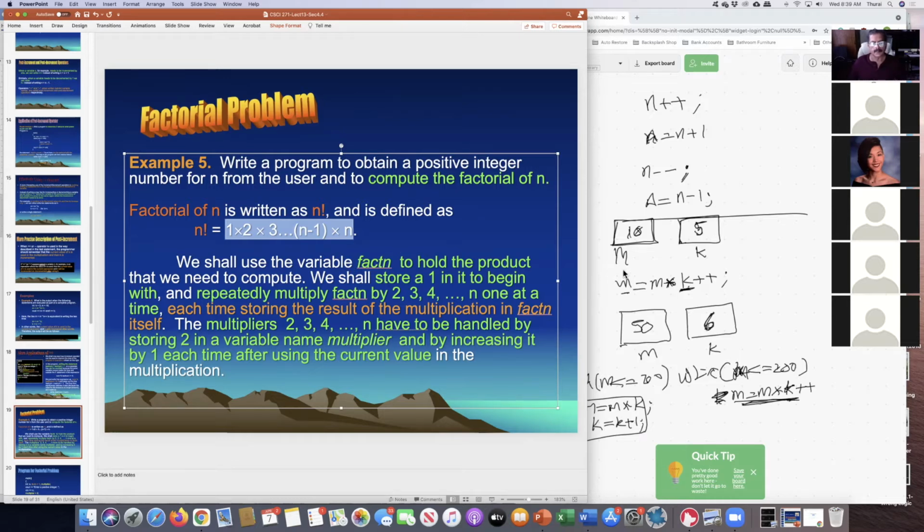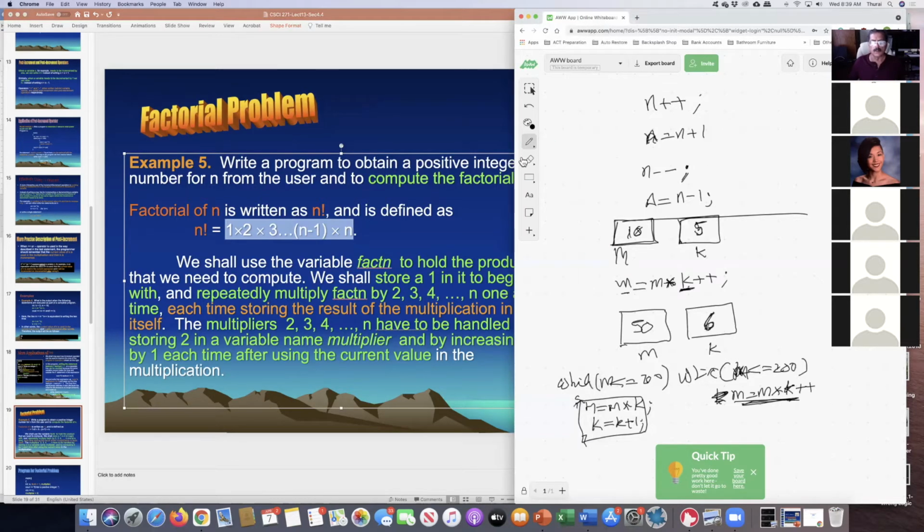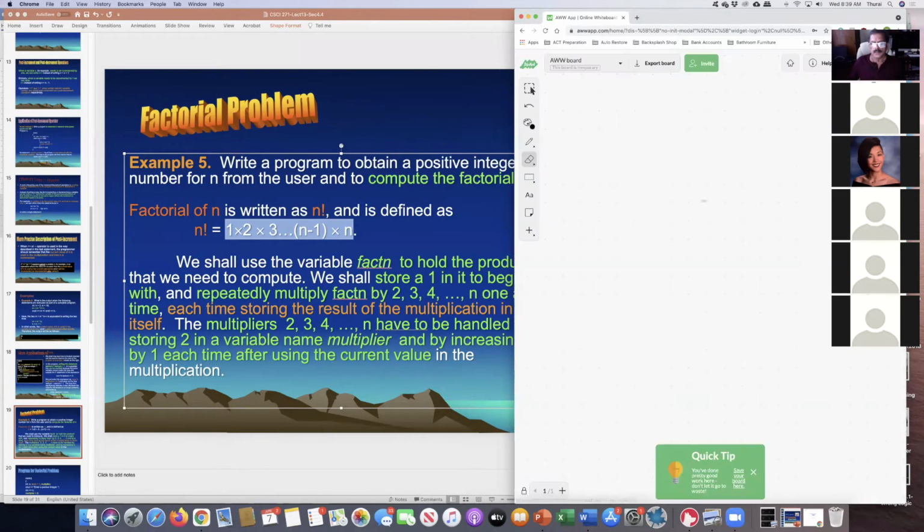So let's see if you can work it out on the board. We need to find factorial of number entered by the user. So I have to ask the user to enter the number first. I declare the variable as integer, and then factorial of the n has to go somewhere. So I'll declare that as fact.